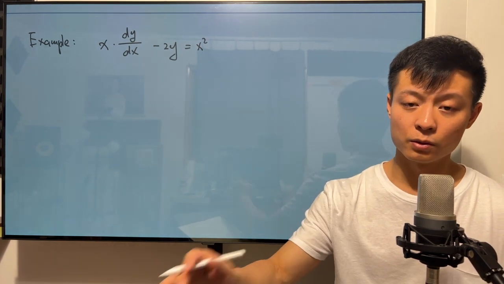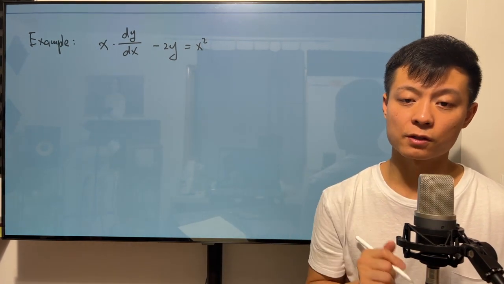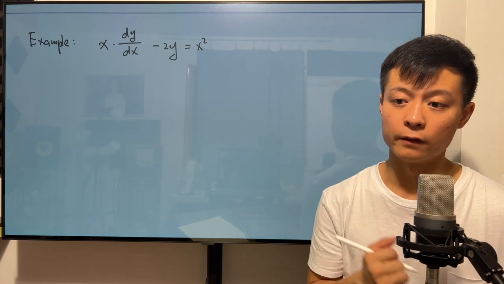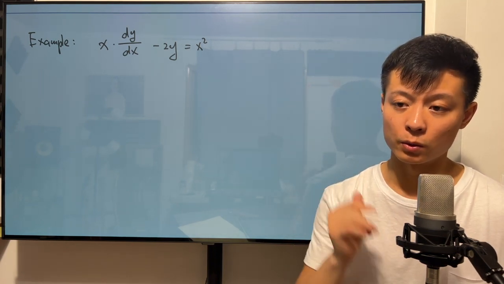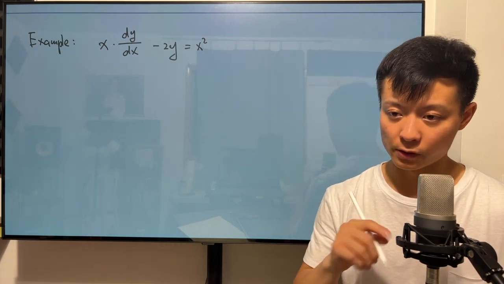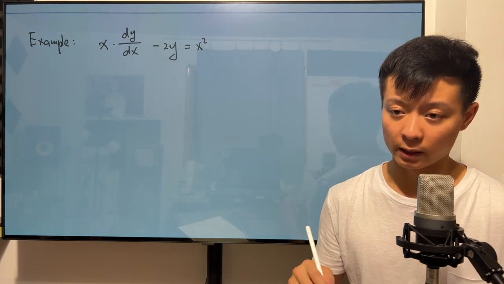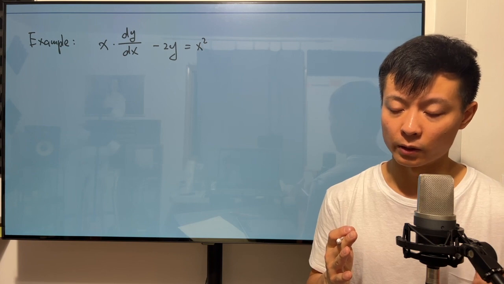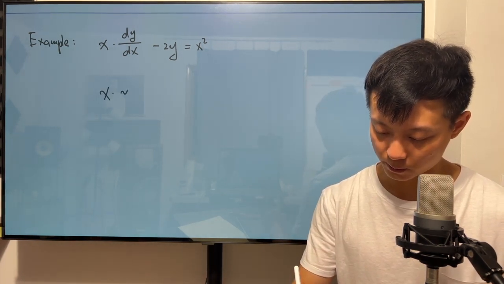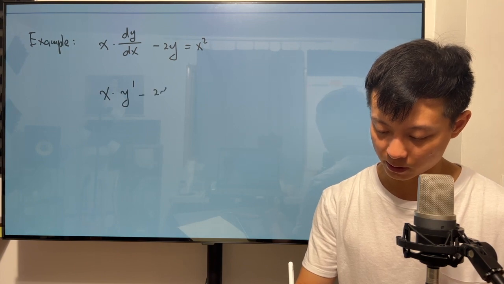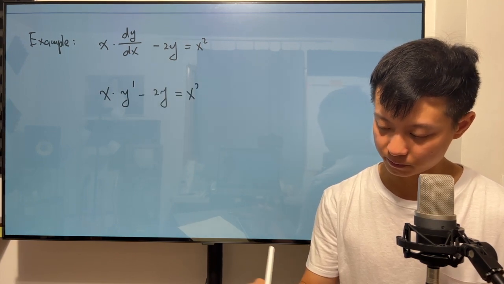This example, we have x multiplied with the derivative, which is dy over dx, minus 2y equal to x squared. So the first thing we do is to write it in a way that we are familiar with. So we want to write x times y prime minus 2y equal to x squared.